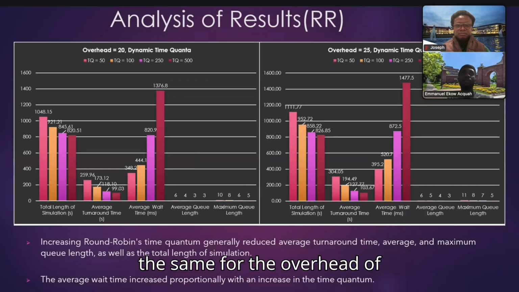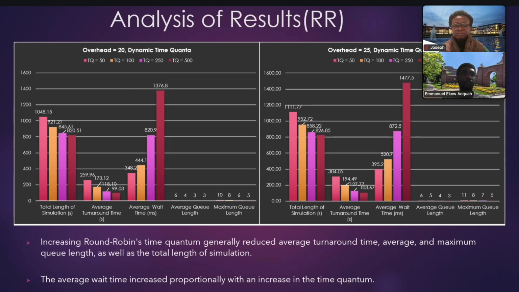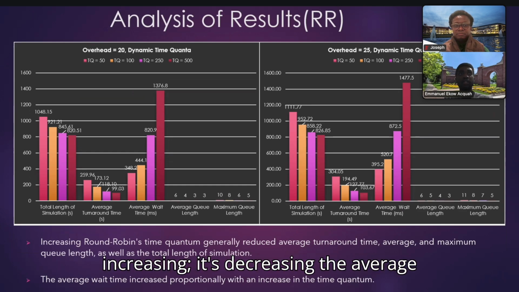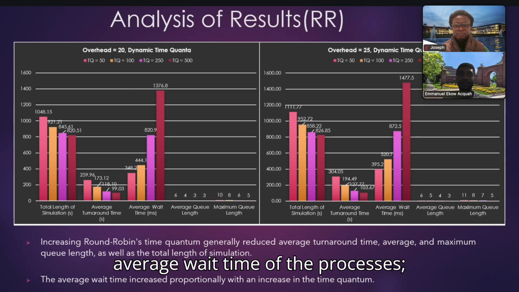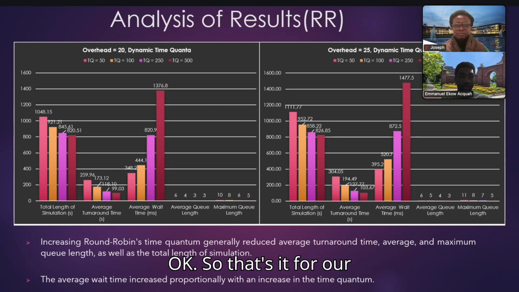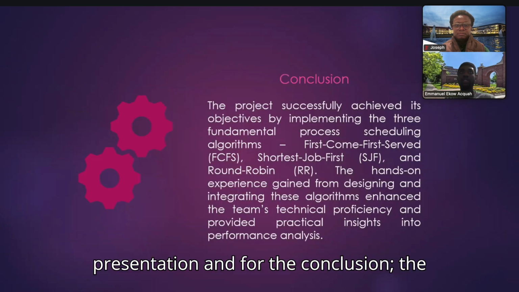And it's the same for the overhead of 20 and 25. As the time quantum is increasing, it's decreasing the average turnaround time, but increasing the average wait time of the processes. Okay, so that's it for our presentation.